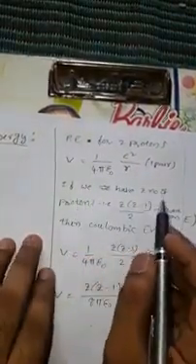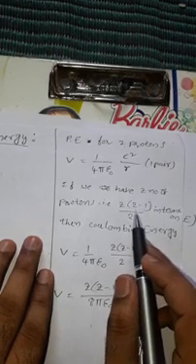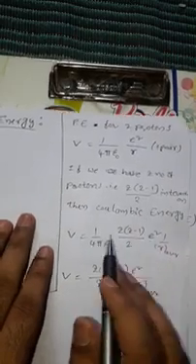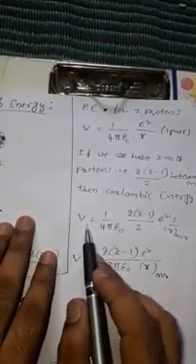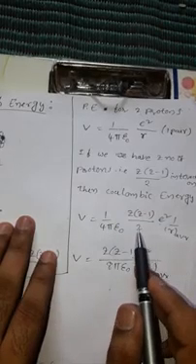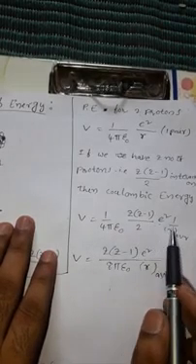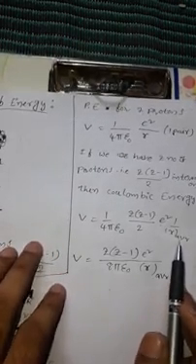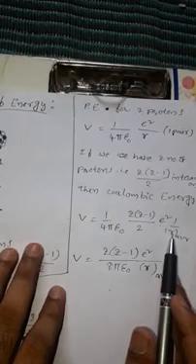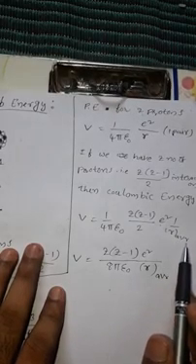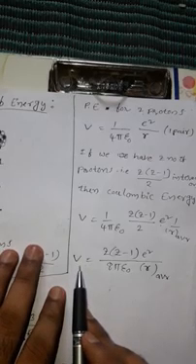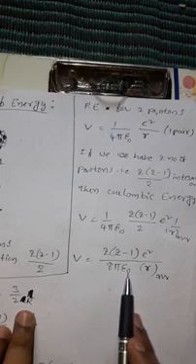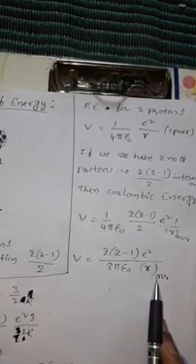If we have Z number of protons, then we have Z into Z minus 1 by 2 pairs of protons. Then Coulombic potential energy will be V equal to 1 by 4 pi epsilon naught Z into Z minus 1 by 2 E square 1 by R average. Here R average is the average distance between the pairs of protons. So V equal to Z into Z minus 1 by 8 pi epsilon naught E square by R average.